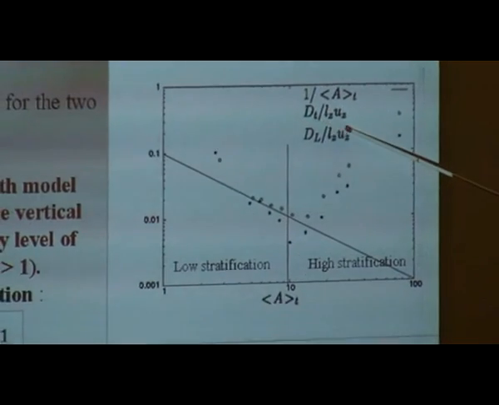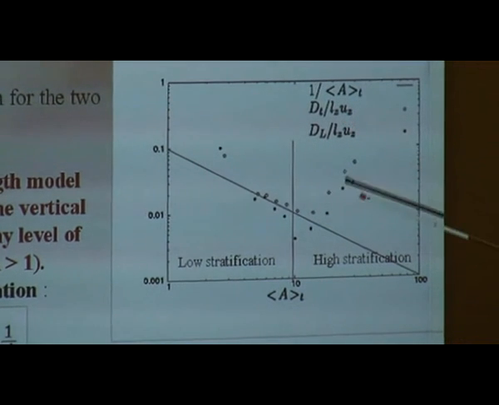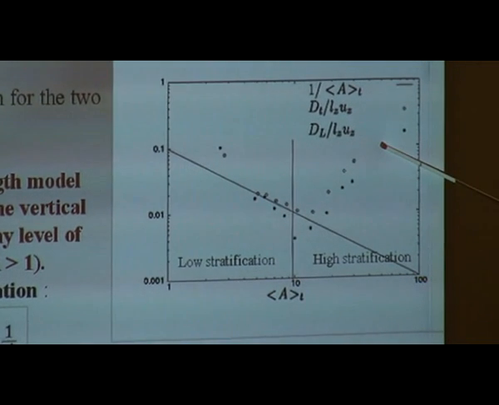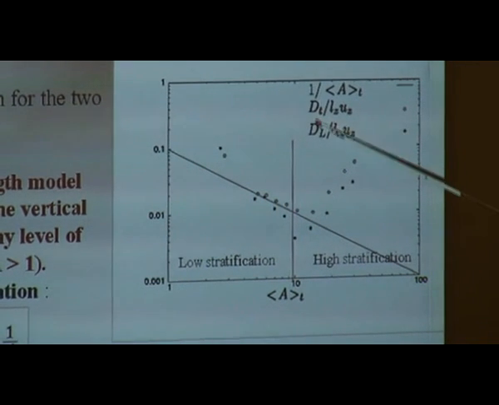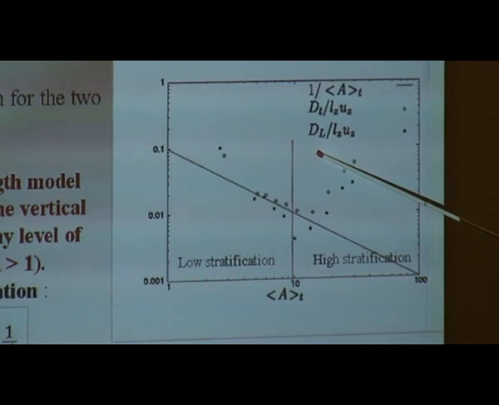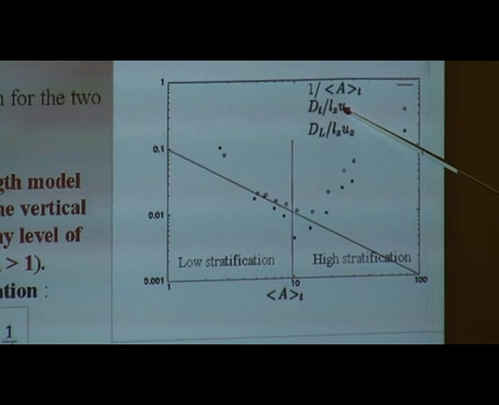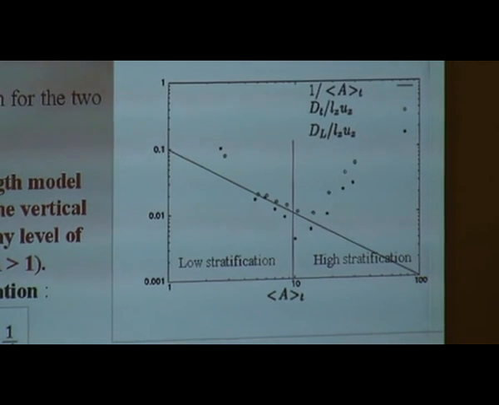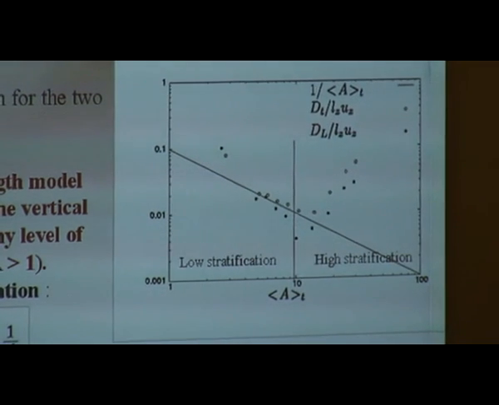So something constant divided by something which decreased gives an increase. You see, this value doesn't change a lot anymore, and this decreases. Why does it decrease? Simply because the vertical diffusion is stopped.